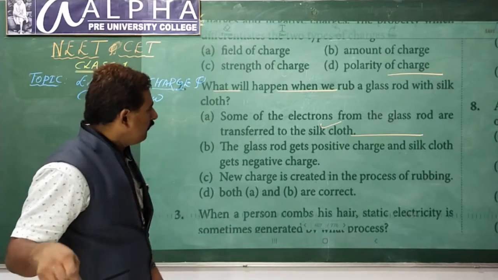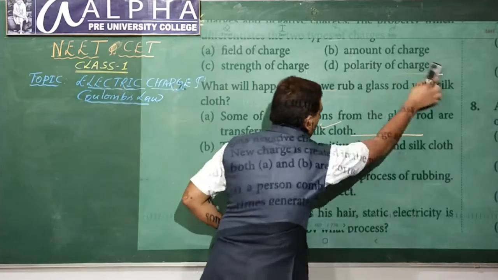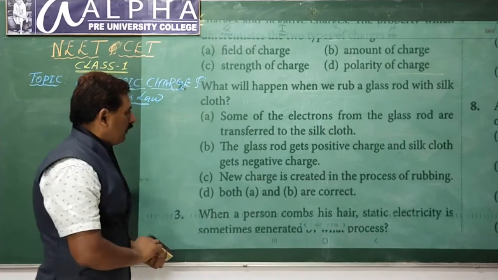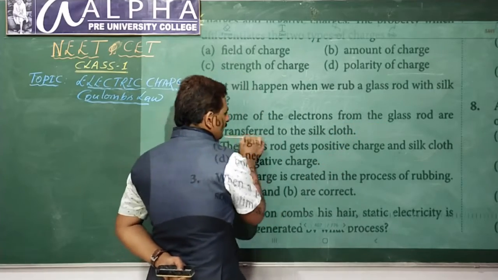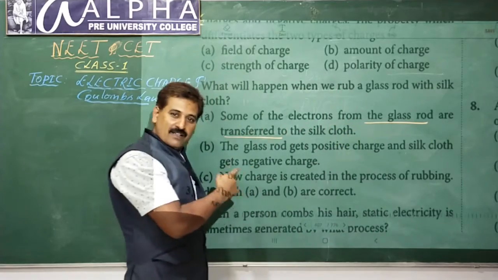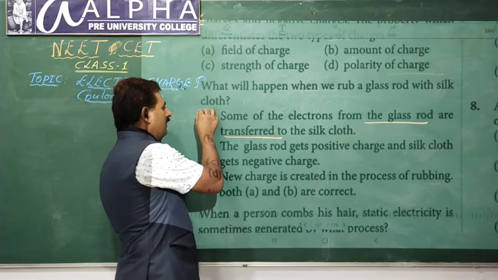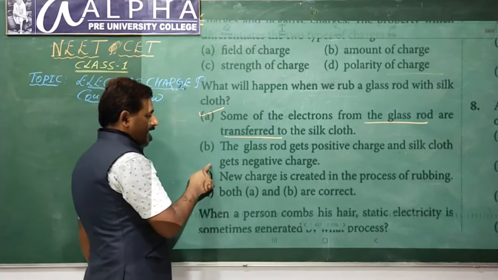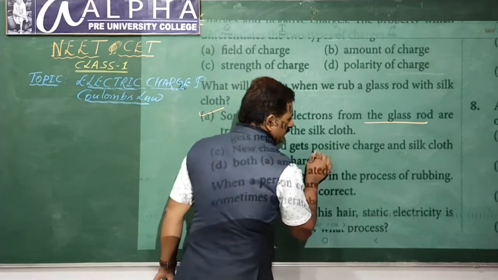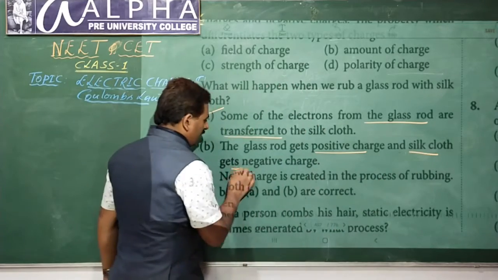What is option 1? Some of the electrons from the glass are transferred to the silk cloth. Correct? Yes, this is what we learned in our regular class. This is a correct statement. Now the second one: the glass rod gets positive charge and silk gets negative.